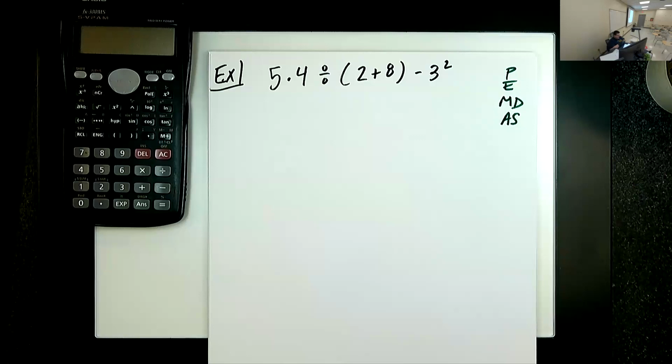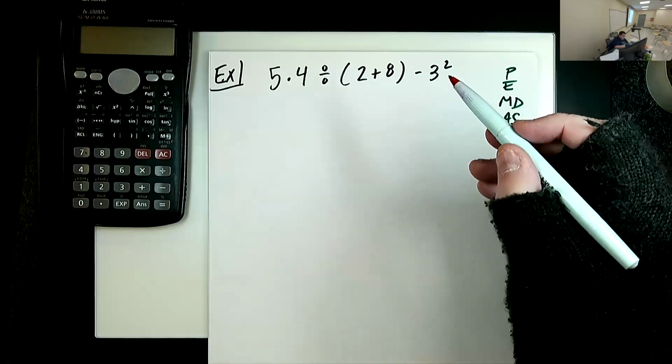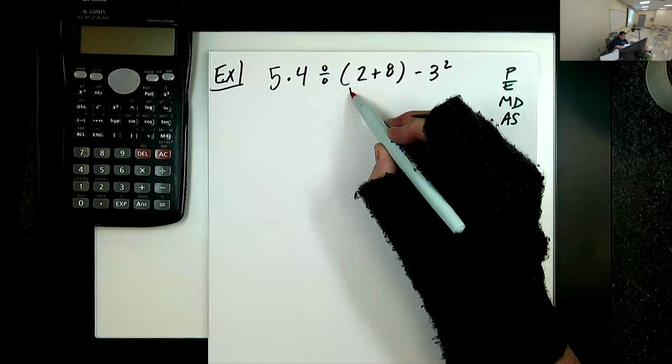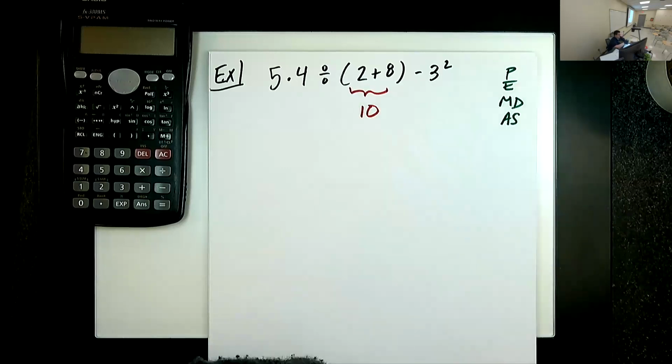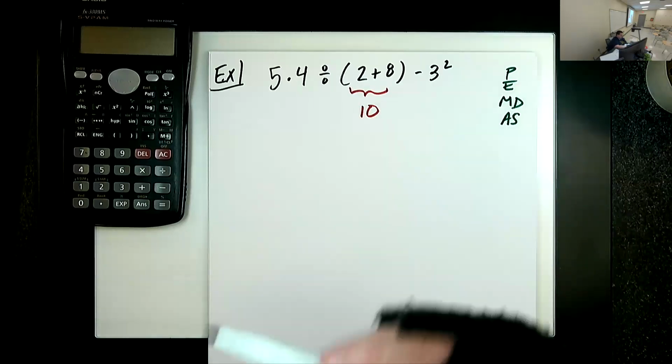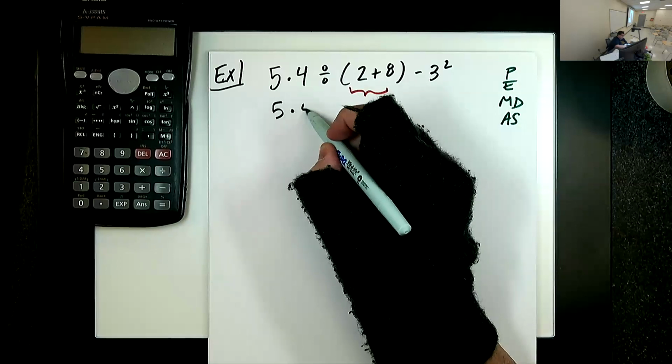So let's go through it. I have parentheses. Parentheses also works for any grouping symbol, like brackets. If you see brackets, it's the same idea. You're putting stuff in a group. Here's my parentheses. 2 plus 8 is 10. And I'm gonna replace that and bring everything else down.